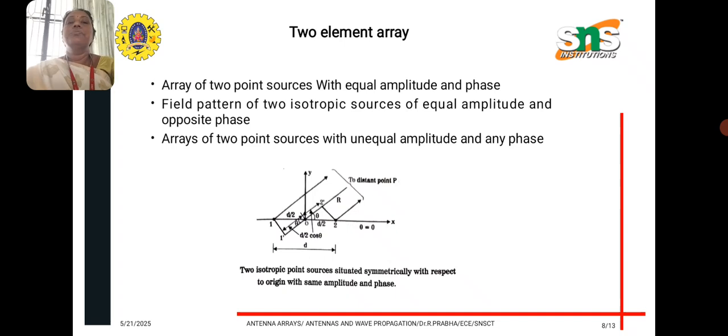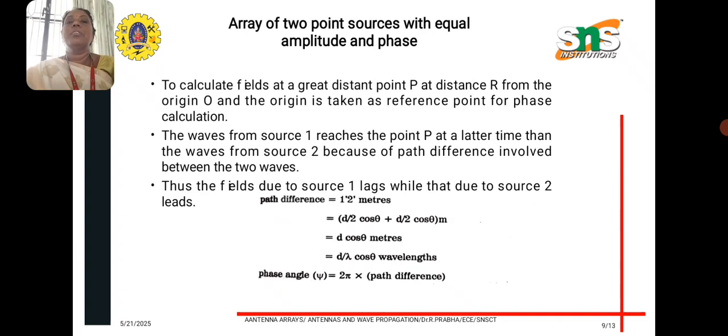The waves from antenna 1 reach the distant point P later than the rays from antenna 2 because of the path difference between antennas 1 and 2, denoted by 1 dash 2 dash in the diagram. To calculate the fields at the distant point P, we take a distance R from the origin O, which is taken as the reference point for phase calculation.